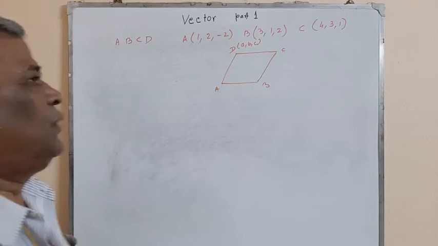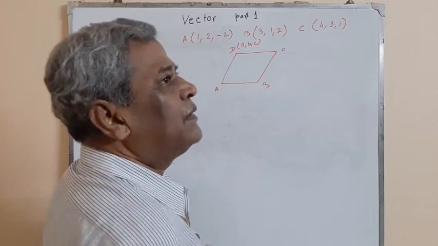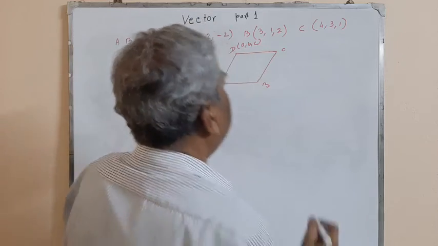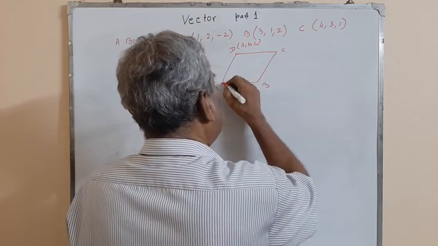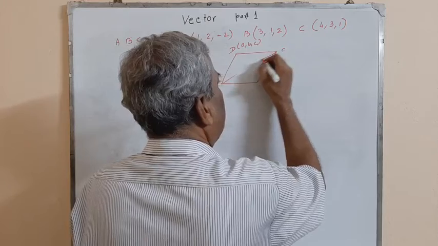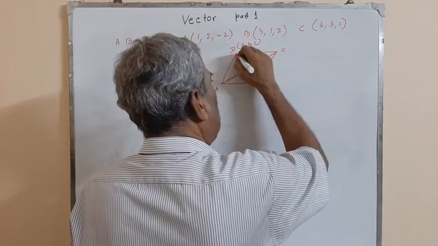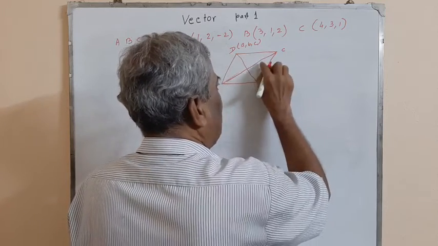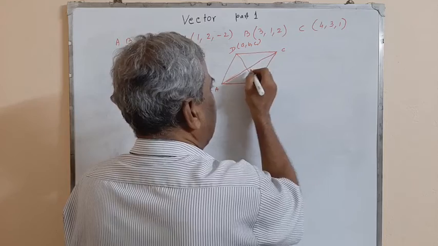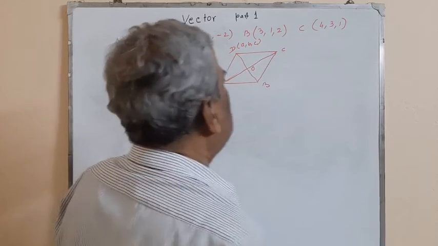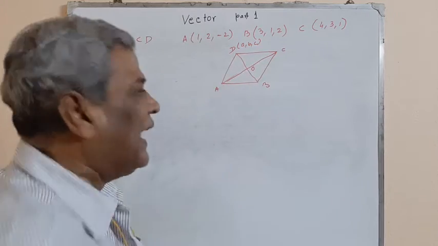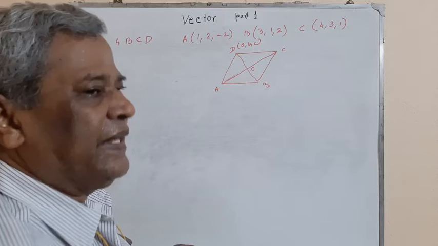In plane geometry, we know that for any parallelogram, diagonals meet at their midpoints. Diagonals meet at a point, say it is O. It is the midpoint of AC as well as the midpoint of BD.